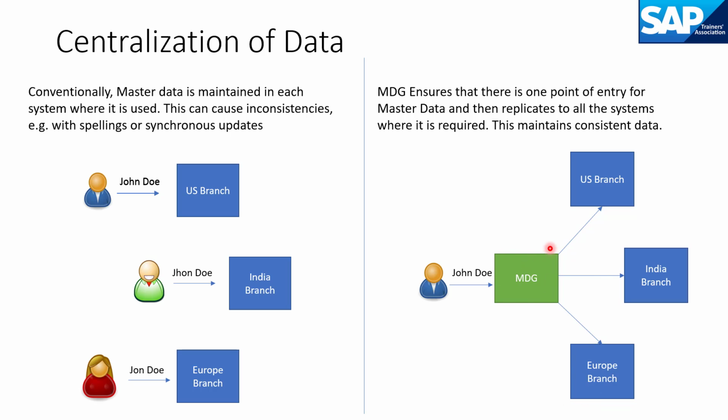What the MDG system does, it is one S4 system, is it is used only to create master data. So you create master data here and just replicate, send IDOC, send file, RFC, whatever it is. So you send the data to the other systems. This is a good picturization of the hub model.